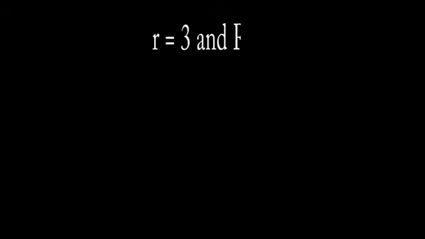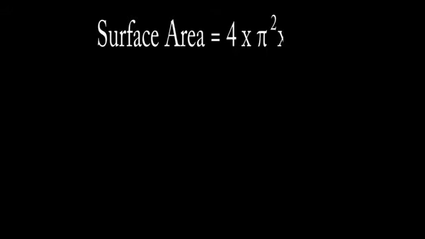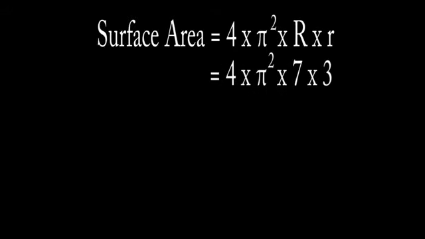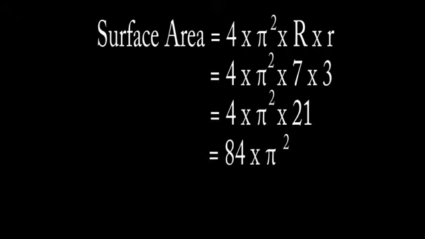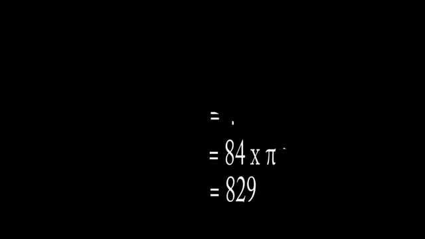Example, when small circle radius is 3 and bigger circle radius is 7, surface area equals 4 times pi squared times 7 times 3 is equal to 4 times pi squared times 21, 84 times pi squared is equal to 829.